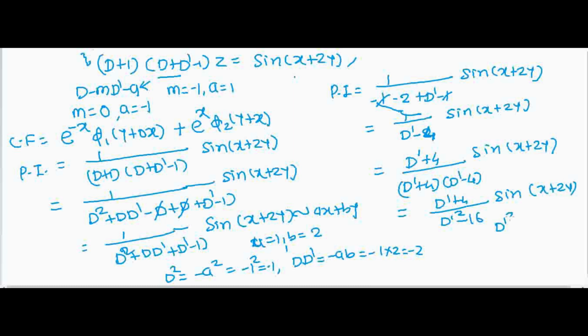D dash square equal to minus b square equal to minus 2 square, equal to minus 4. Then this term will be D dash plus 4 divided by minus 4 minus 16 sine of x plus 2y, and this is minus 20.